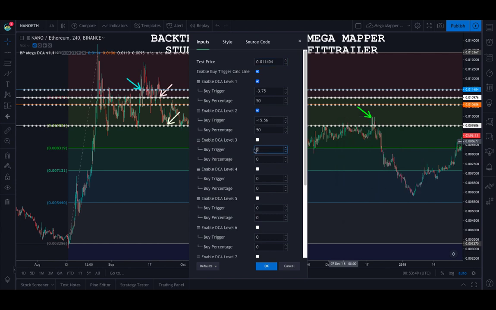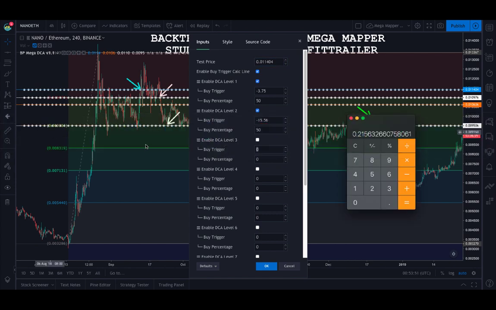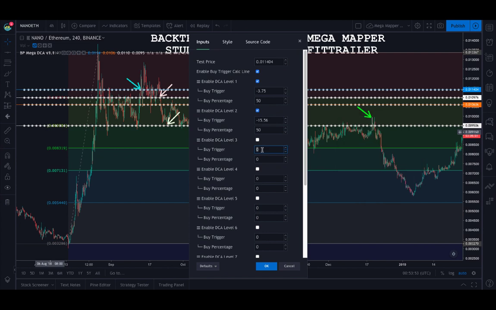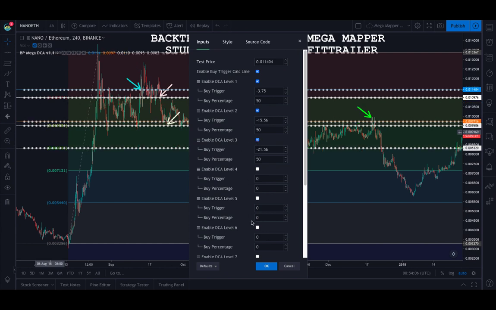So, missed that number, negative 21.56. 50%. Turn that on.